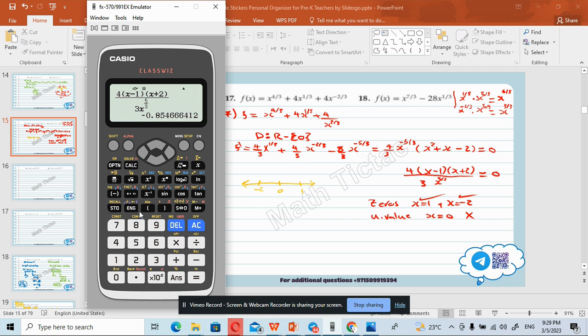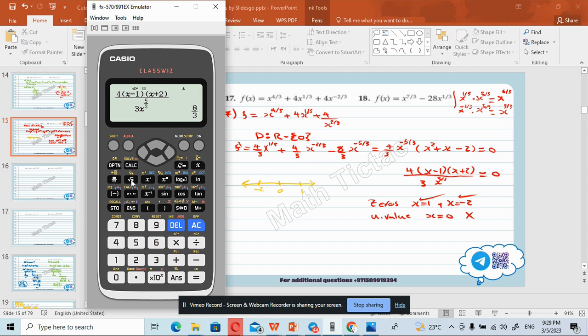Then what about a value between minus 2 and 0? Let's say minus 1. Okay, we have positive. So the first one is negative, the second one is positive, so negative, positive.